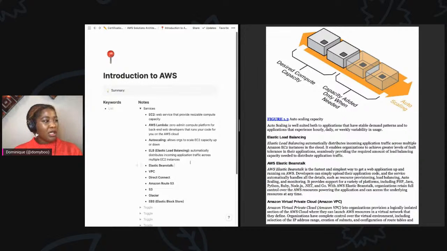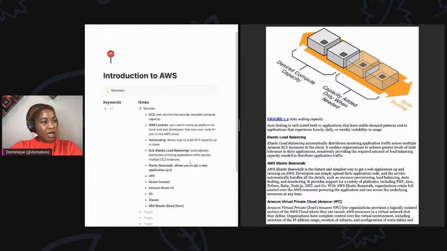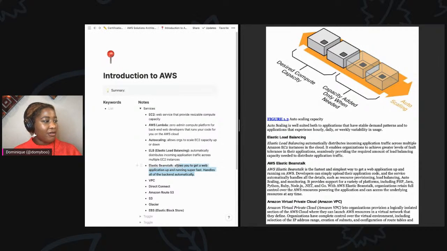So Beanstalk allows you to get a web application up and running super fast. It handles all of the back end automatically. That's how I'm interpreting that definition. I don't really want to write all of that down.